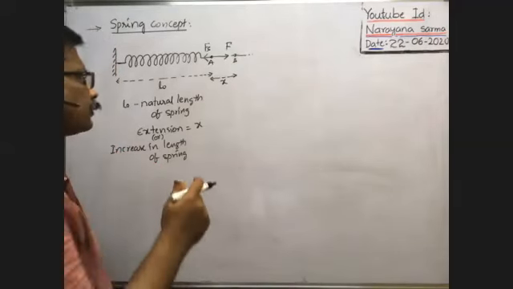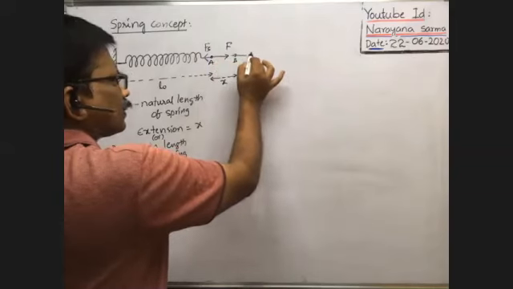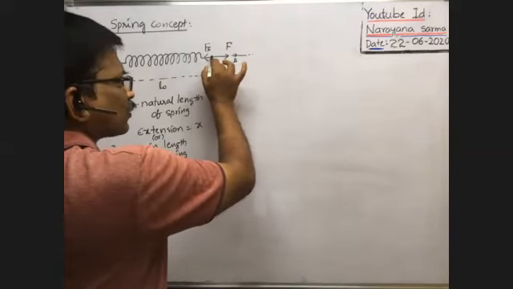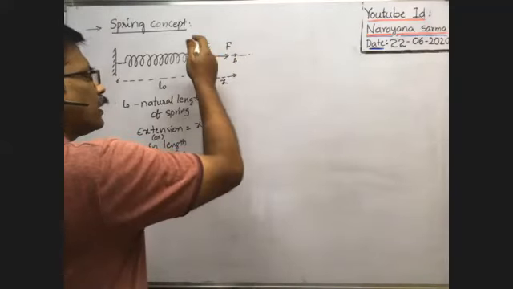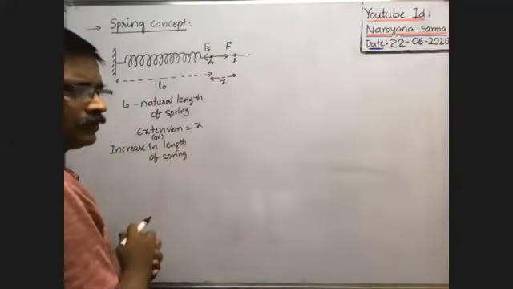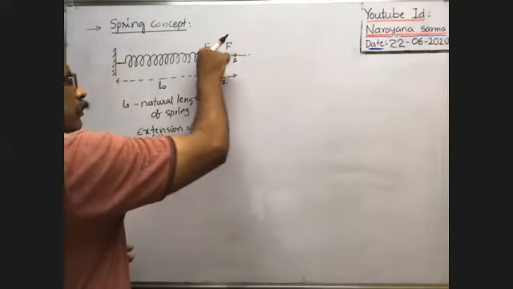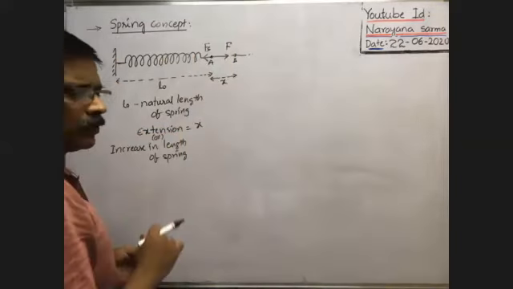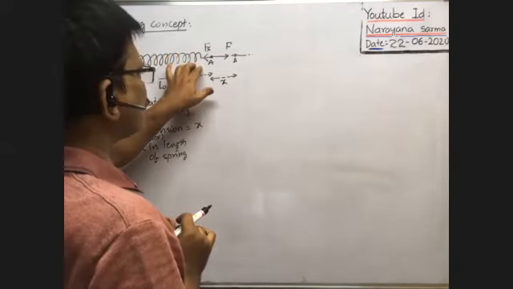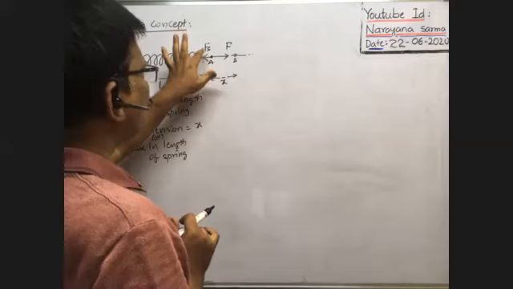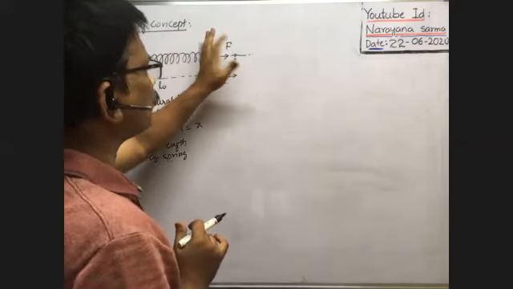Okay, now here you see, as long as the extension of the spring gradually increases, the spring force developed in the spring also increases, no? Because when extension is more, more force is required to bring the spring back to its original position. Due to that, more force is to be applied to extend more.